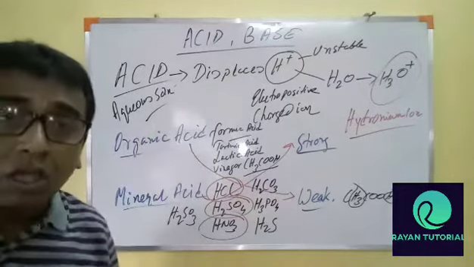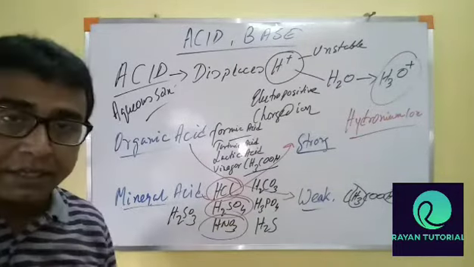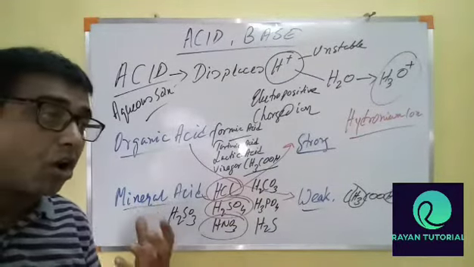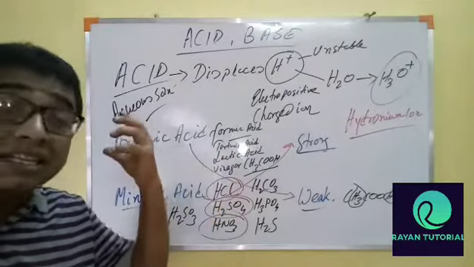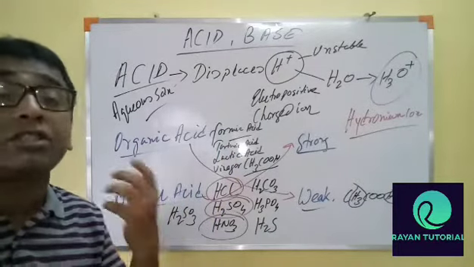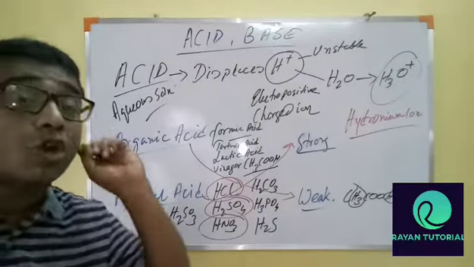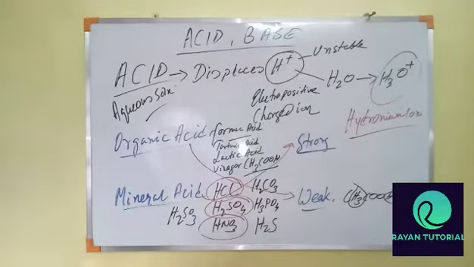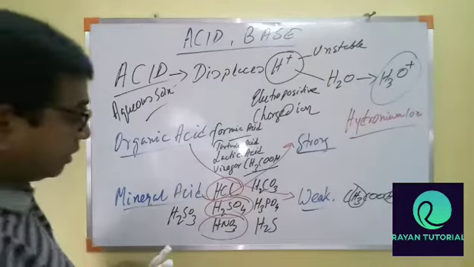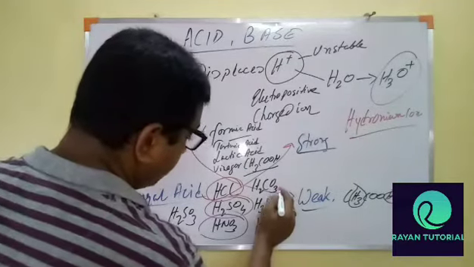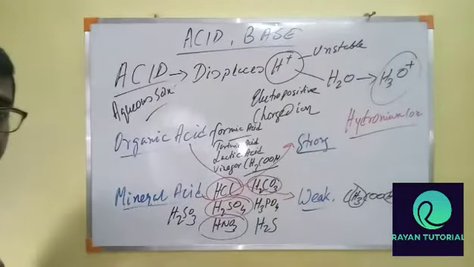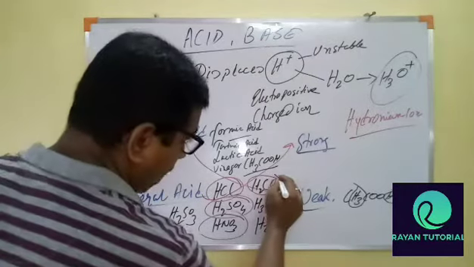Now normally all the organic acids are very weak. Why are they weak? Because they don't displace all the hydrogen ions. But the mineral acids displace all the hydrogen ions. Now there is one thing to remember: carbonic acid.